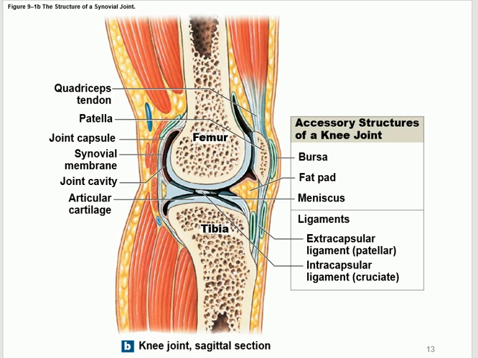And beside all of this, there are also intracapsular ligaments. There are two cruciate ligaments, and cruciate in English means crossing. Inside the joint, you will have two ligaments like this, crossing each other. One crossing from the front and one crossing from the back. Cruciate ligament.